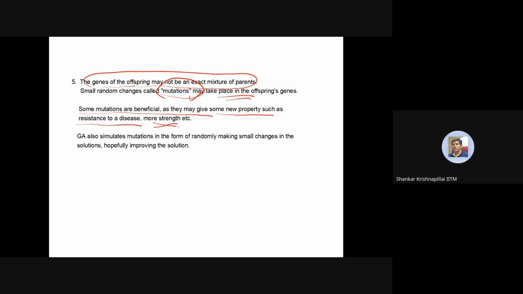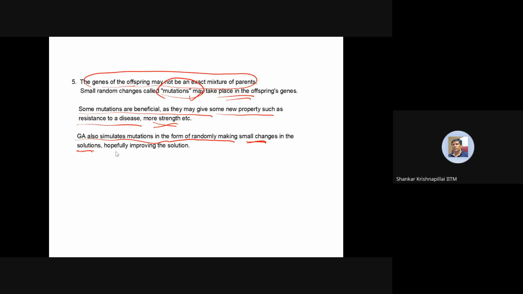Genetic algorithm also simulates these mutations in the population by randomly making small changes in the solution. If it is a good mutation, then that good solution will be entered into the next generation. If it's a bad mutation, it will be rejected in the next generation.